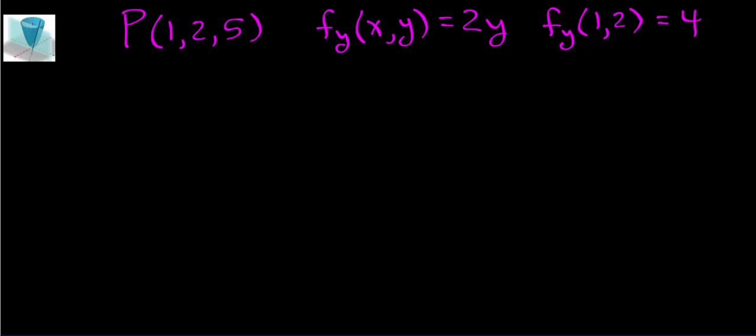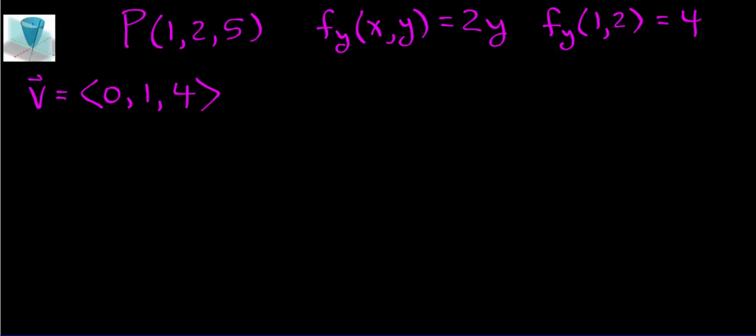Now we've got our point, we need a vector. So here's what we do. Our vector this time is going to be, for the x, we'll just do a 0. Then for the y, we'll just put a 1. Now, for every unit of run in the y direction, z has 4 units of change.